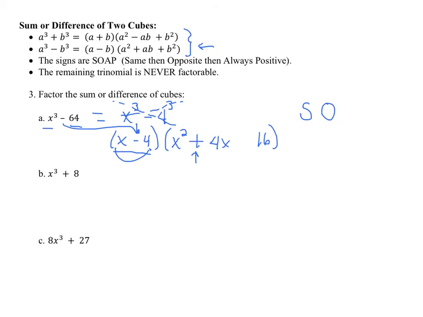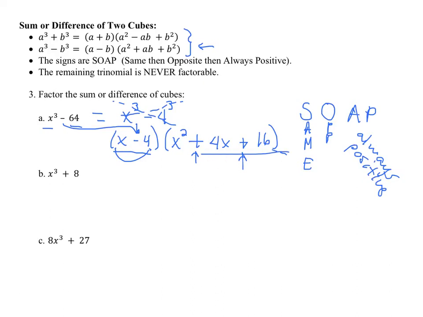So it's going to be a plus. O for opposite. S for same. And then the last sign here, AP, always positive.